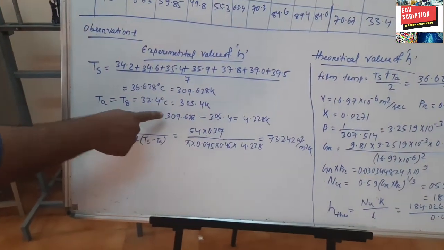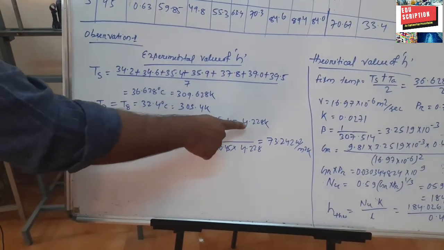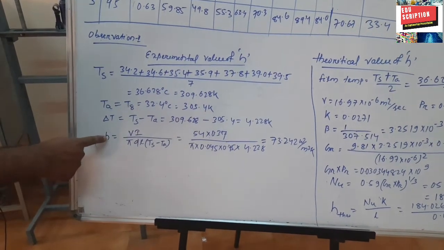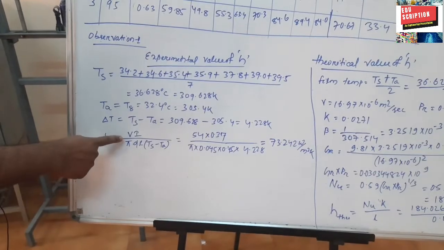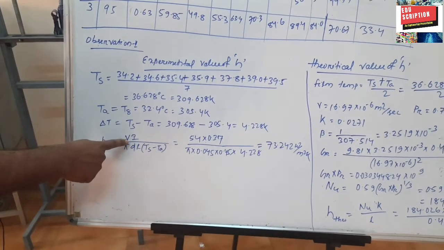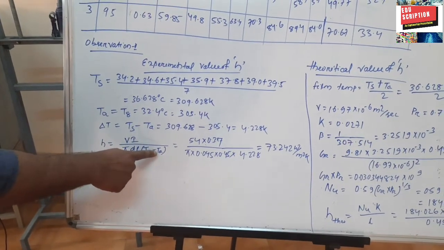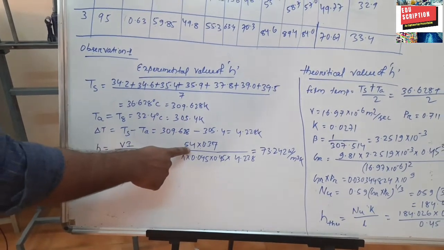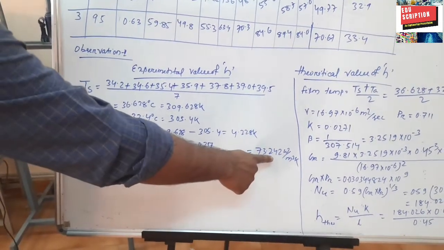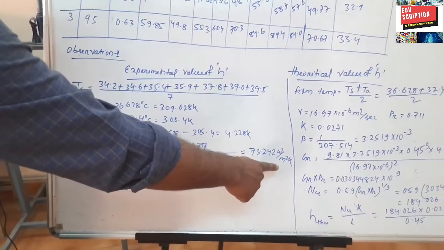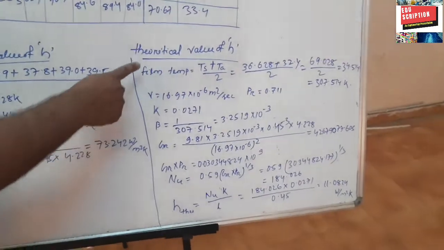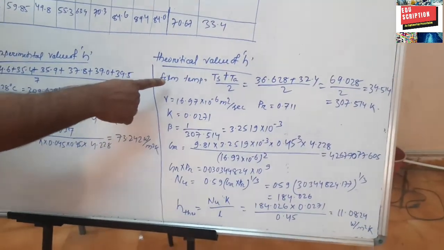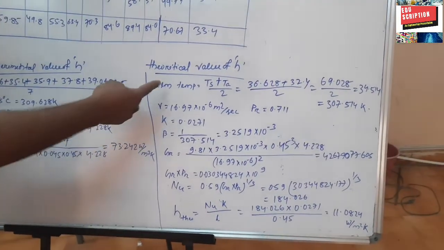Here delta T is equal to 4.228 Kelvin, and H is, from the previous board, the formula V I by pi d l into (Ts minus Ta). So obviously it will be 73.242 watt per meter square Kelvin. This was the experimental value, and this is the theoretical value.